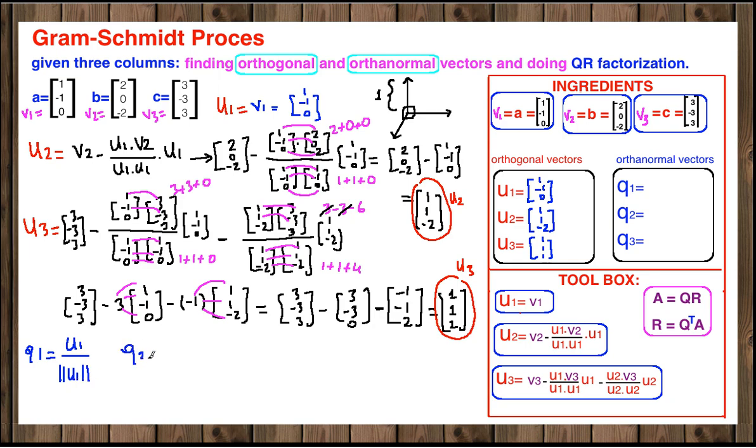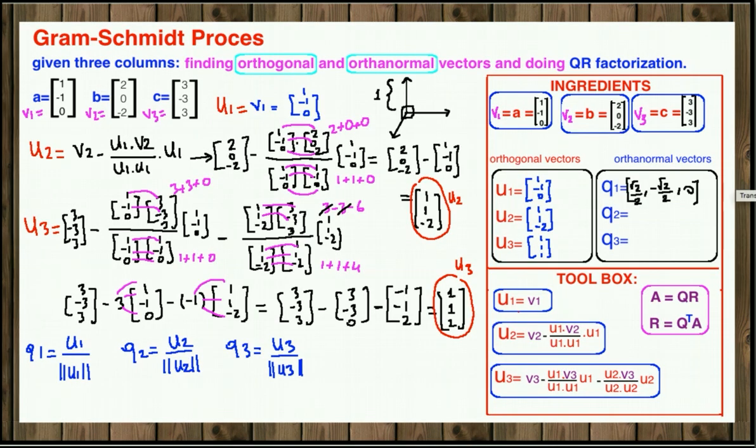And Q2 will be U2 over magnitude of U2, or length of U2. Q3 will be given by U3 over length of U3.